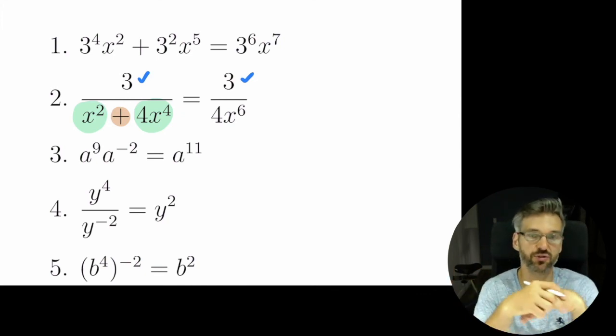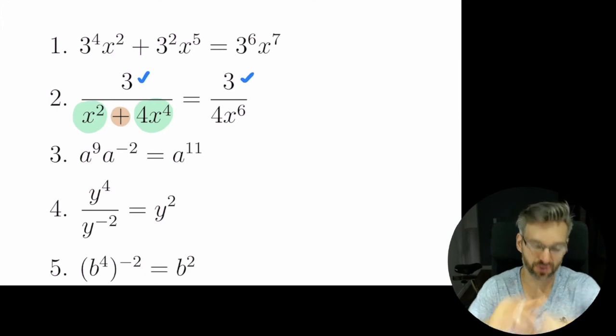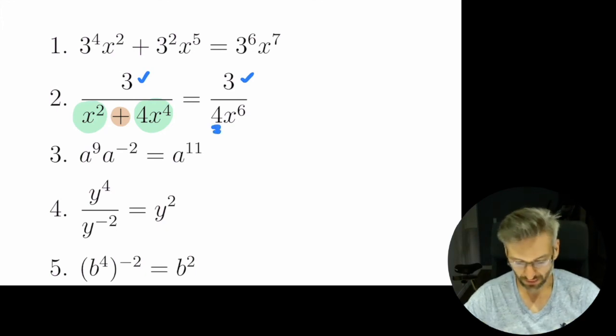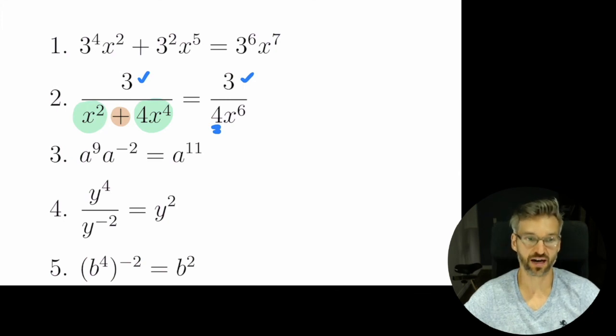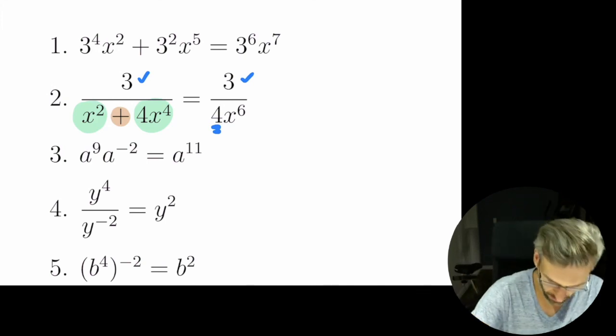So x to the 2 and then x to the 4 in the other term can't just be simply added. And then the other problem is that you have this 4 right here, and that 4 makes absolutely no sense either. So the error here is that you have the exponents, and then your leading number, the coefficient, can't just be simply placed as it is. So that is number 2. I wonder if you've caught that one.